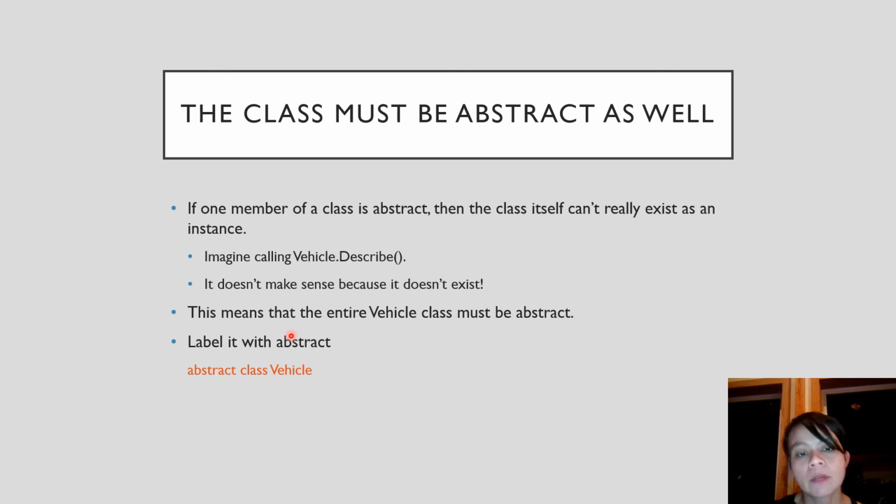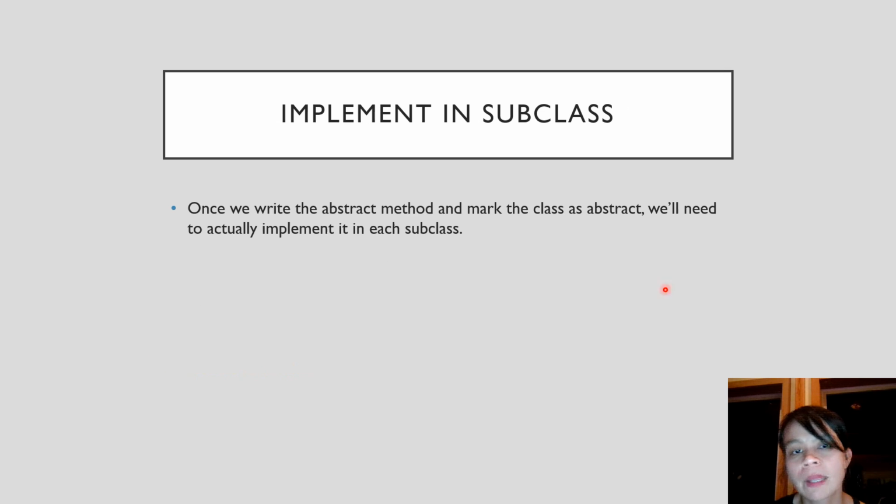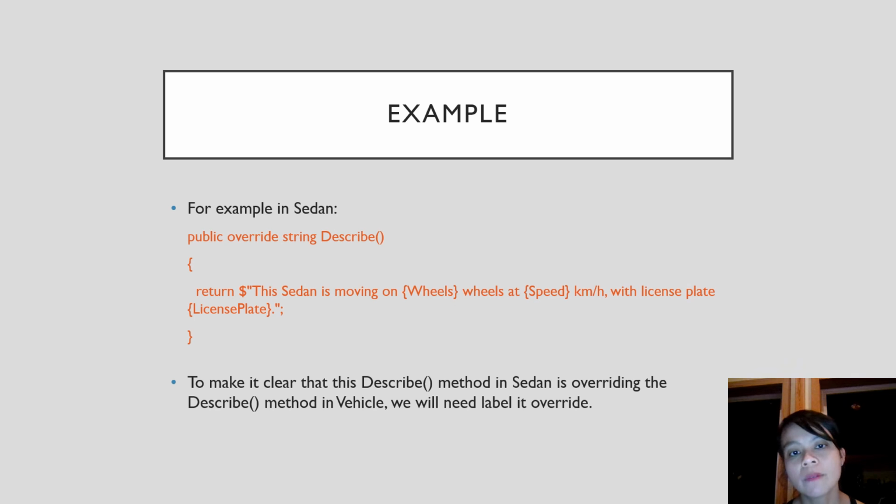So label it with abstract. Once we write the abstract method and mark the class as abstract, we'll need to actually implement it in each subclass. So for example, you'll have to write it like this in sedan, the describe method.